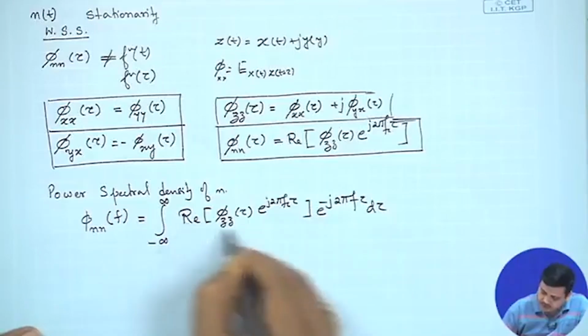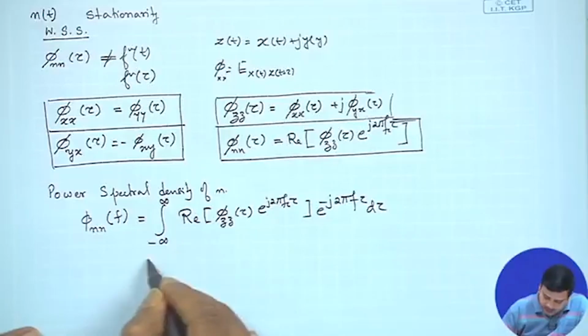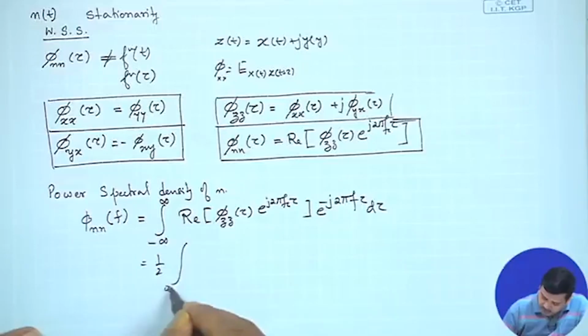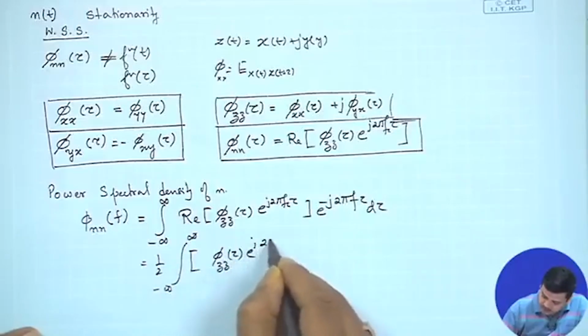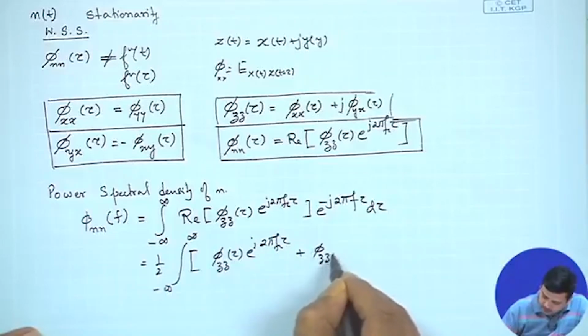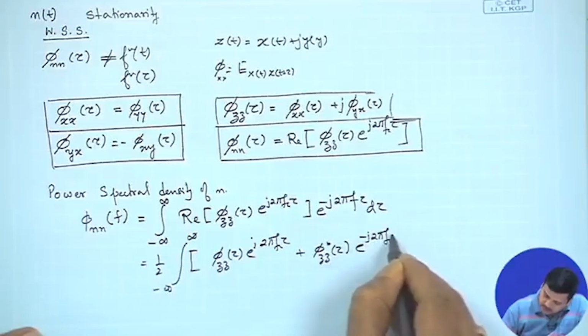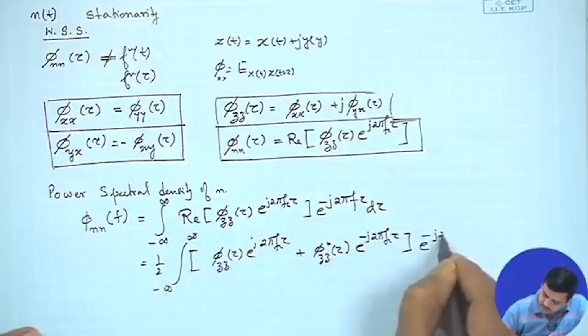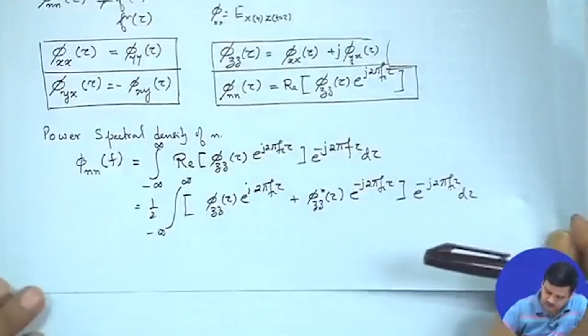Now, this expression we have seen before. So we can straight away say that this is equal to half the integral from minus infinity to infinity of the bracket φ_zz(τ) e to the power of j 2π f_c τ plus φ_zz conjugate(τ) e to the power of minus j 2π f_c τ. This is what we had been doing earlier, so it's not new for you.